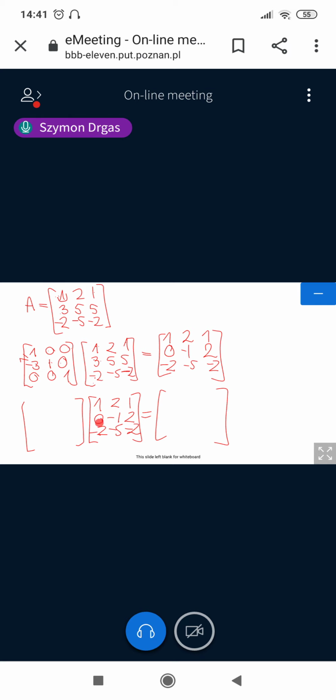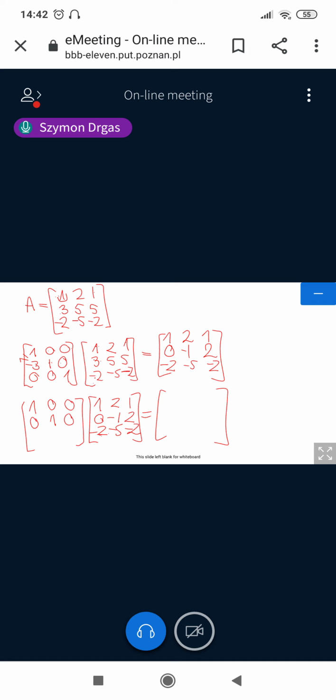In this case, if I want to eliminate this -2 in the third row, I need to multiply the first row by 2 and add it to the third row. So only the third row will change, so I can write rows that are rows of the identity matrix, and in the third row, as I said earlier, we want to multiply the first row by 2 and add it to the third row.